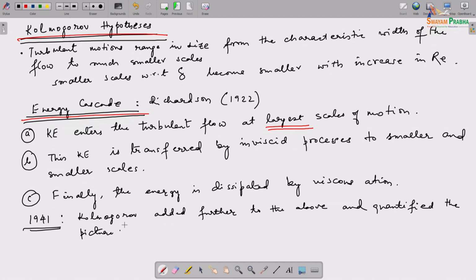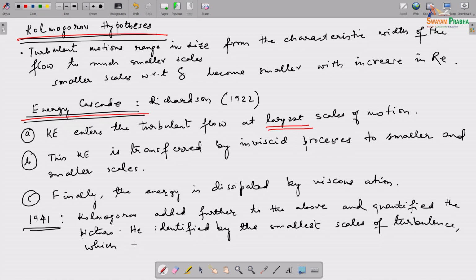He also identified the smaller scales of turbulence.